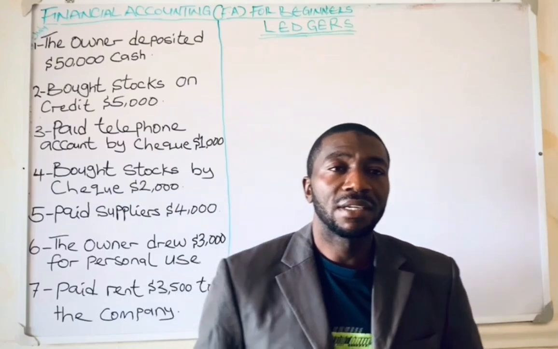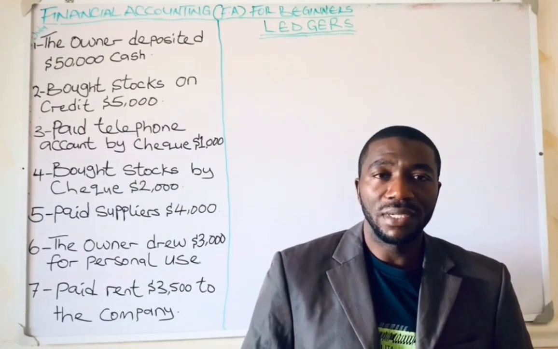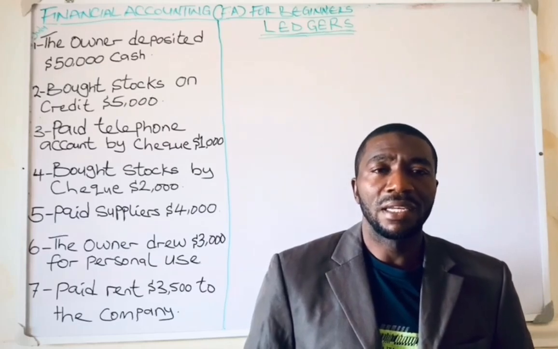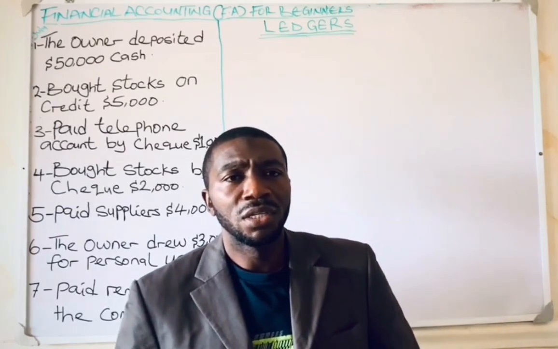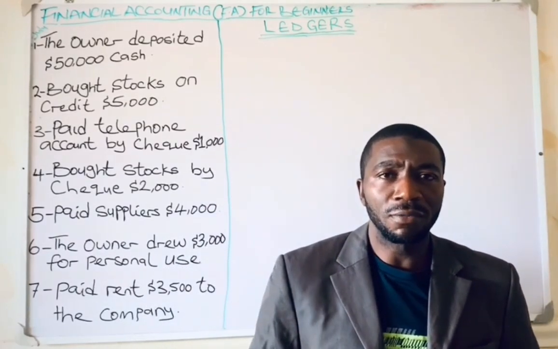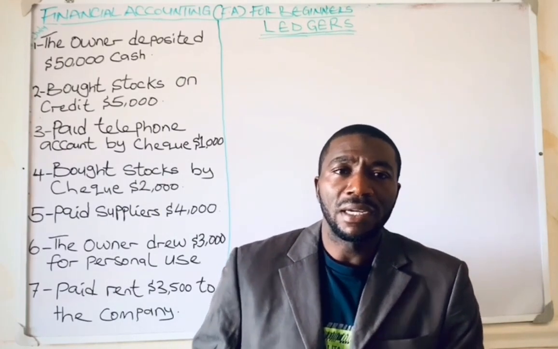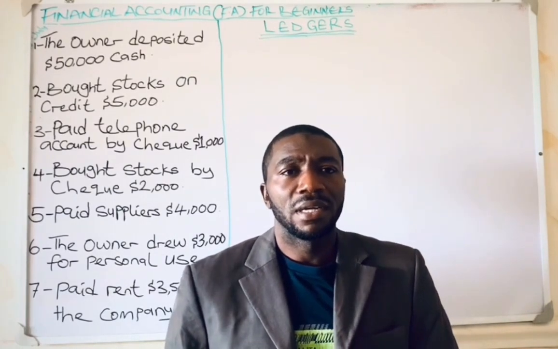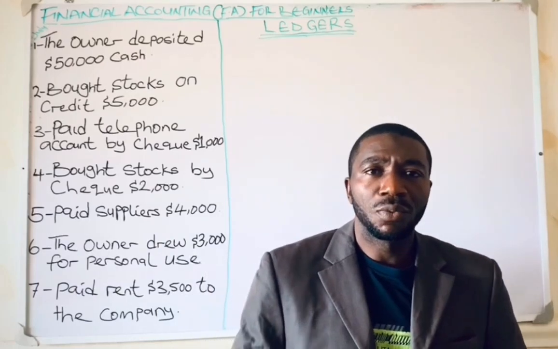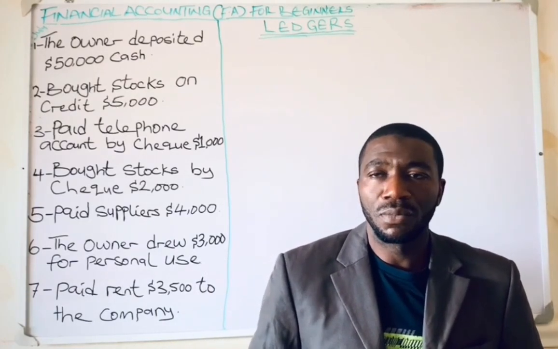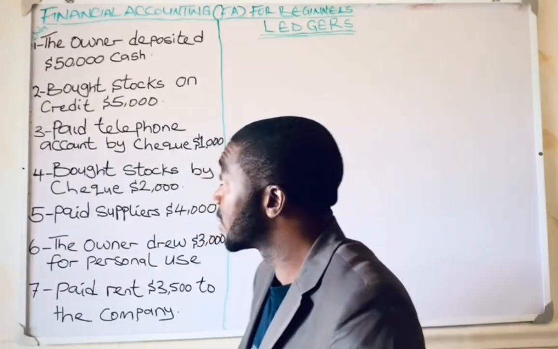So ledgers help to check the accuracy of our entries in the journals, and they also help us to know the total sum of a particular account, like the bank account, etc. As we proceed, we get to know it very well, and it's very simple. So let's look at the ledgers.